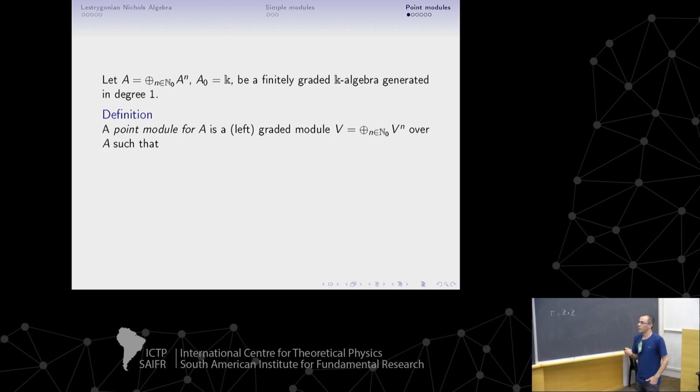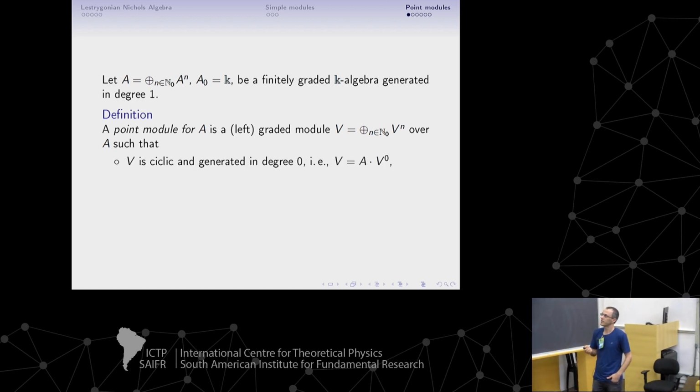What is a point module? A point module for A is a graded module V over A such that V is cyclic and generated in degree 0. That means V is A V0, I think a left point module.